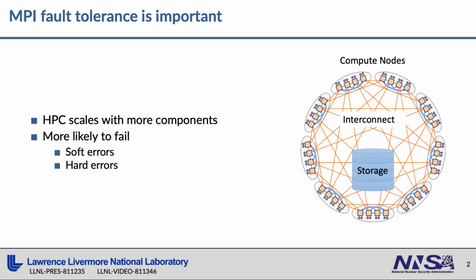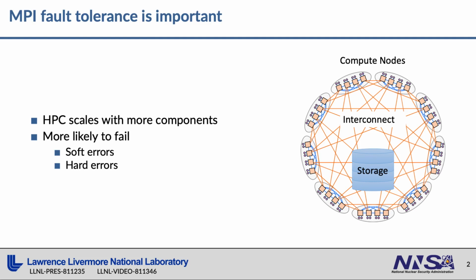Discussing why MPI fault tolerance is important, we see that our HPC systems scale to include more computing nodes, larger interconnects, and more storage. And although they become more powerful by including more hardware components, they also become more prone to failures. There are two kinds of failures that can happen.